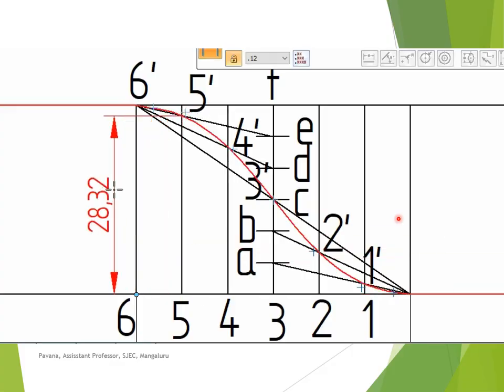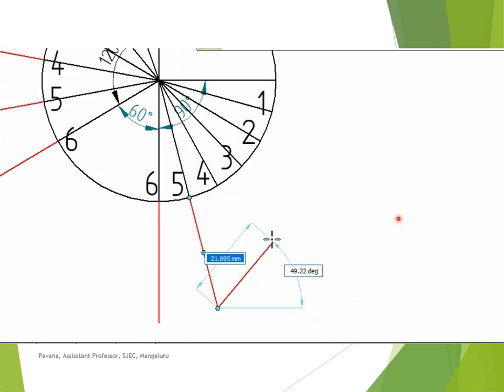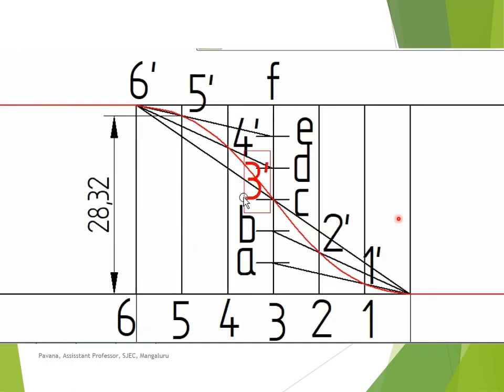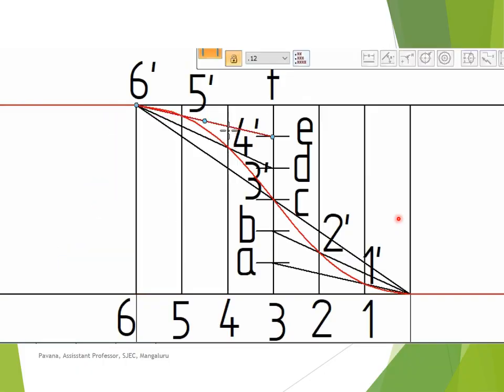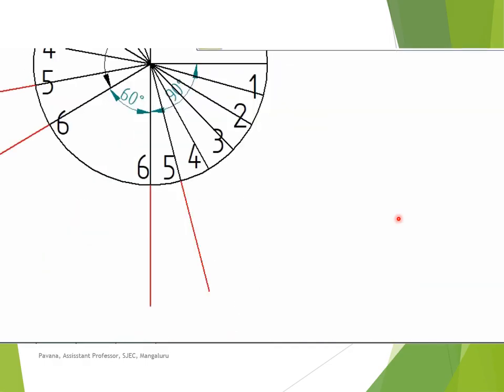It is showing 28.32. So add that 28.3 to this endpoint. Next, the 4 dash distance. Marking this intersection point is very important, that's what I told. So you will get the height. 4 dash, 23.3 you will get. So join to this endpoint.